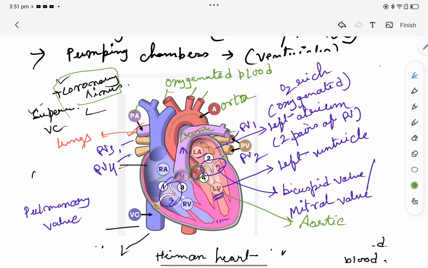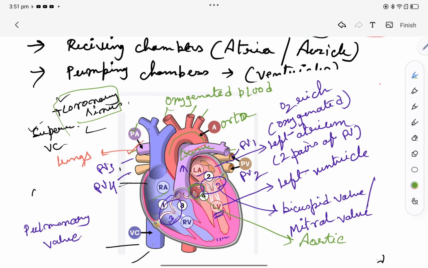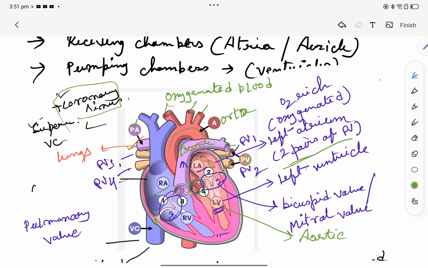Fine. So the reverse thing is happening in the left portion. The left portion receives oxygenated blood via pulmonary veins. There are two pairs of pulmonary veins, right? Pulmonary veins 1, 2, 3, 4. They receive oxygenated blood from the lungs. Again, this blood enters the left ventricle via what?